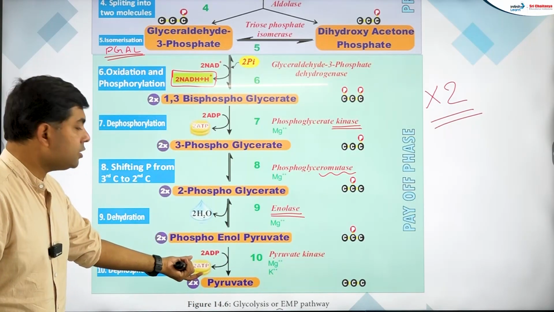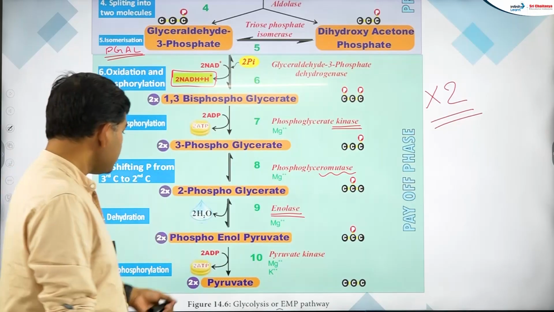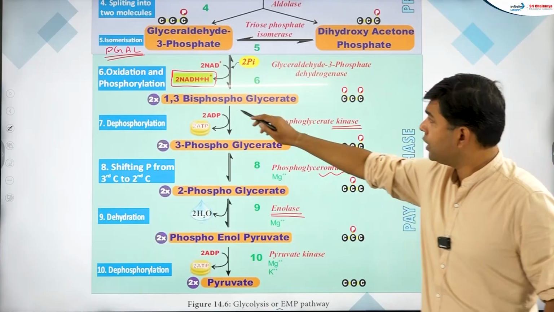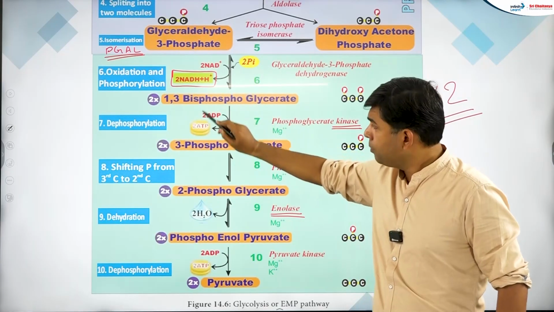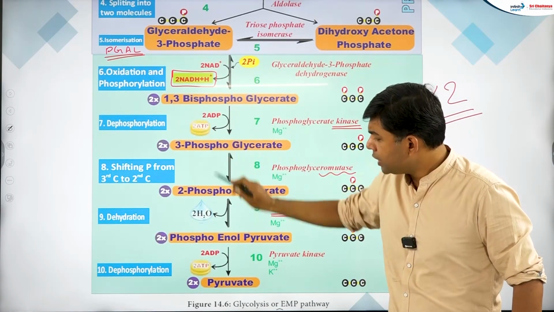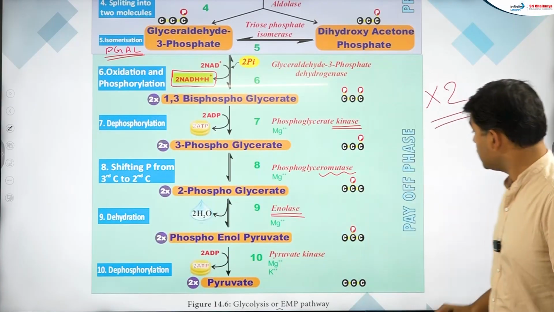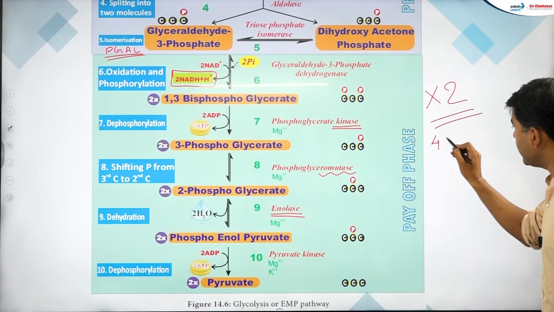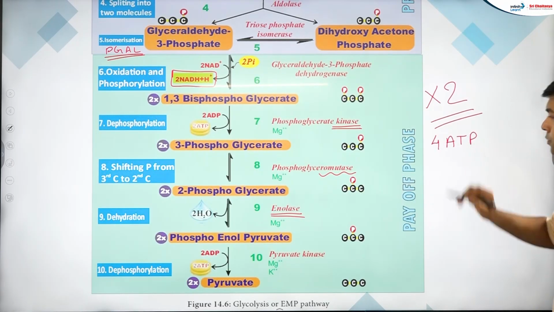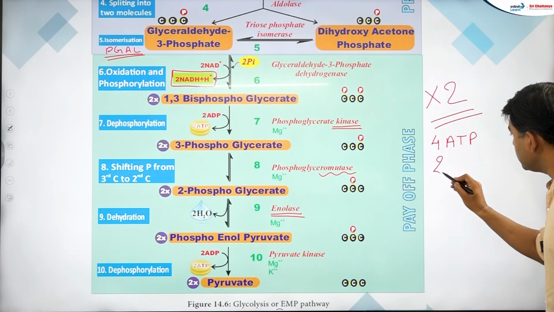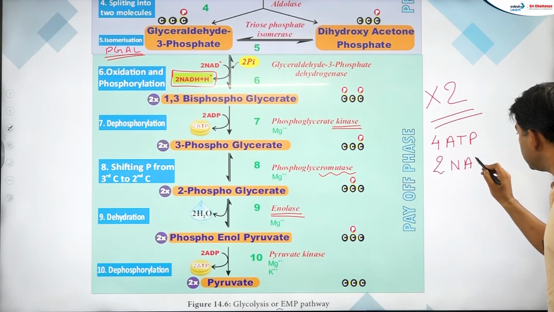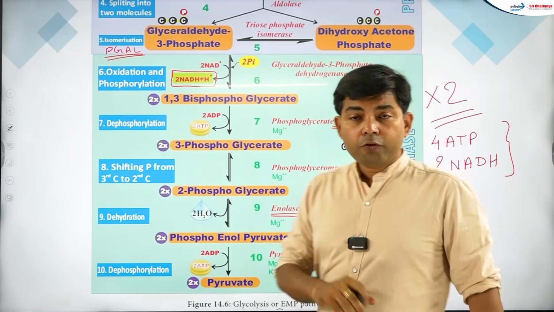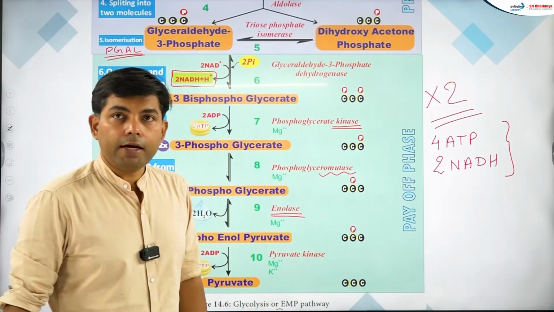Here ATP is produced. Now since it is 2 in number, this entire thing, so here 2 NADH will be produced, here 2 ATP will be produced, here also 2 ATP will be produced. So here what we see in payoff phase, we get 4 ATP released, we also get 2 NADH. This is what we got in the payoff phase, right?